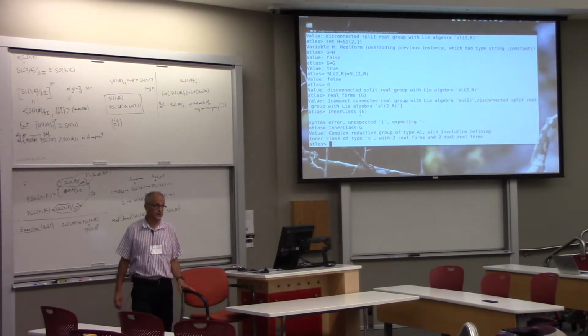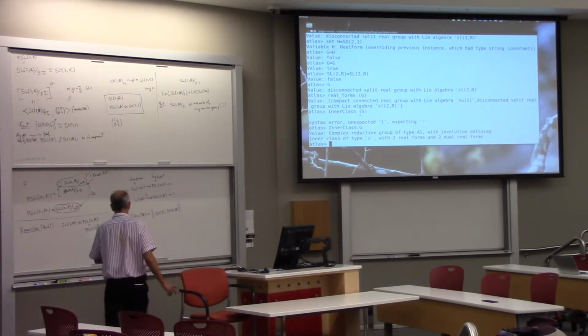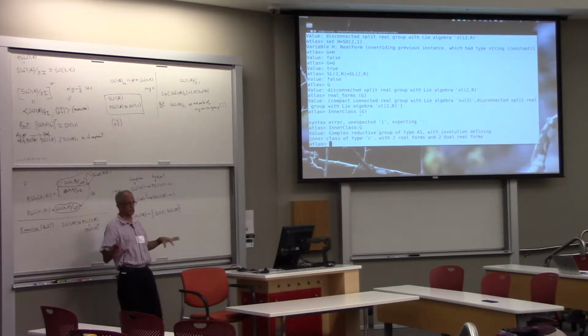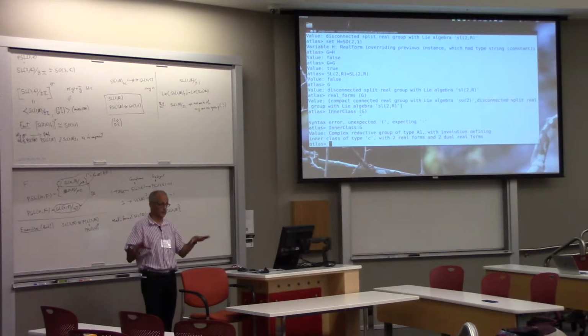Mark's bringing up the point that when I said I'm getting the real forms of SL2, this is correct in this case. But in general, real forms are divided into inner classes. I'm going to talk about this in our lecture next time.